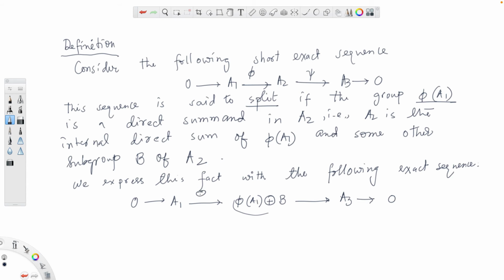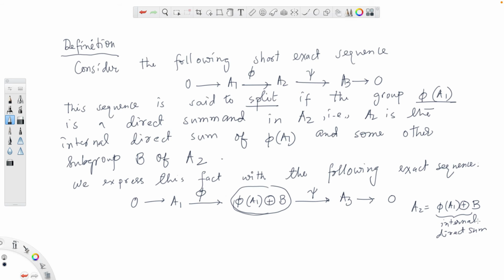We have done nothing but replace A2 with this expression, where A2 is equal to phi of A1 internal direct sum B.